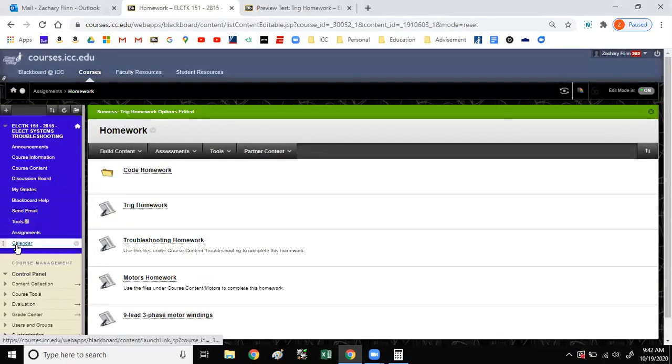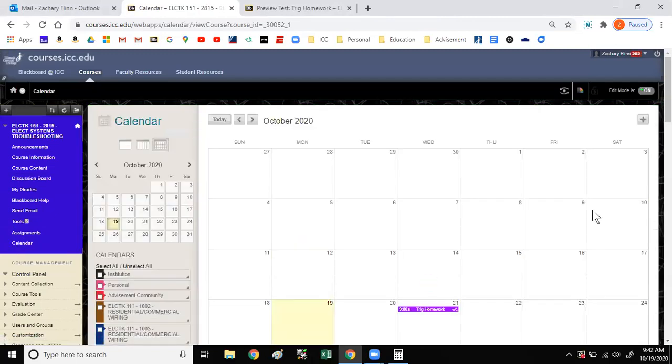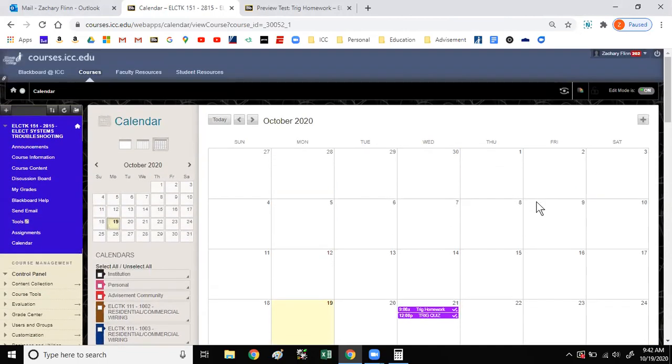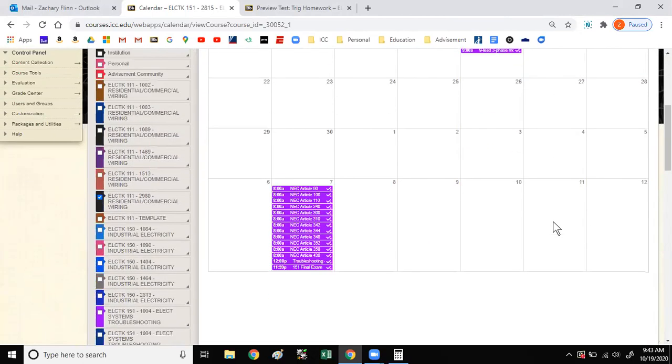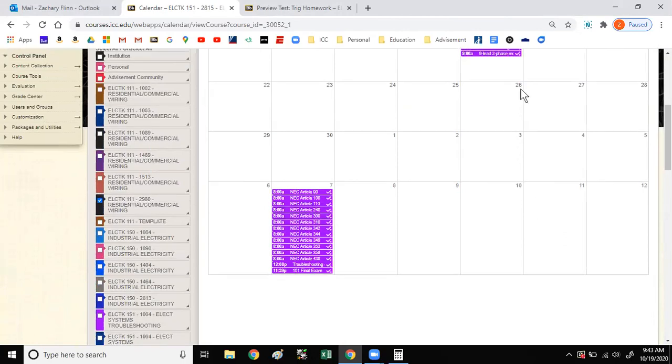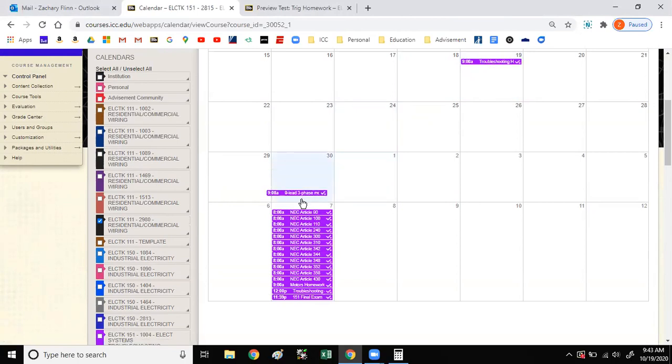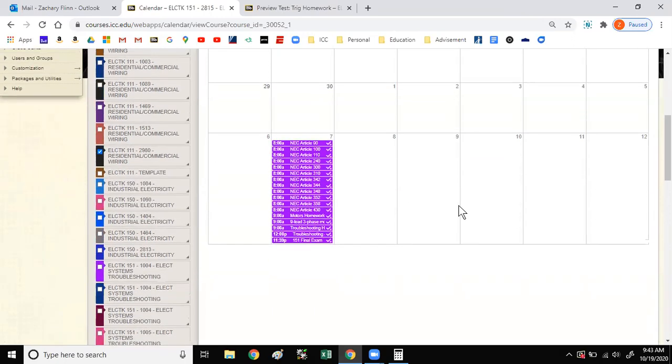And what else do we have? I think the other homework is all due at the end of the semester. The trig quiz, we'll take that on Wednesday. So all the other homework is due on the 7th. Look at December 7th on your calendar.